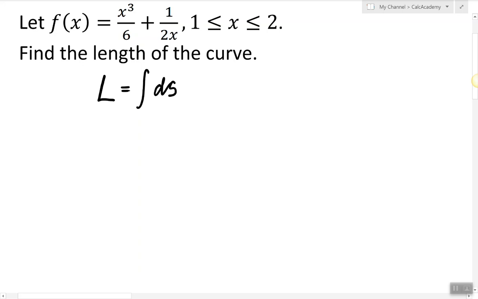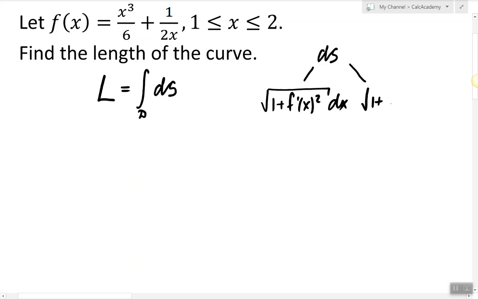Depending on the circumstances, ds can either be interpreted as square root of 1 plus f prime x squared dx, and then the limit of integration will be from a to b with respect to x, or ds can be interpreted as the square root of 1 plus g prime y squared dy, and then the limits of integration will be from c to d with respect to y.